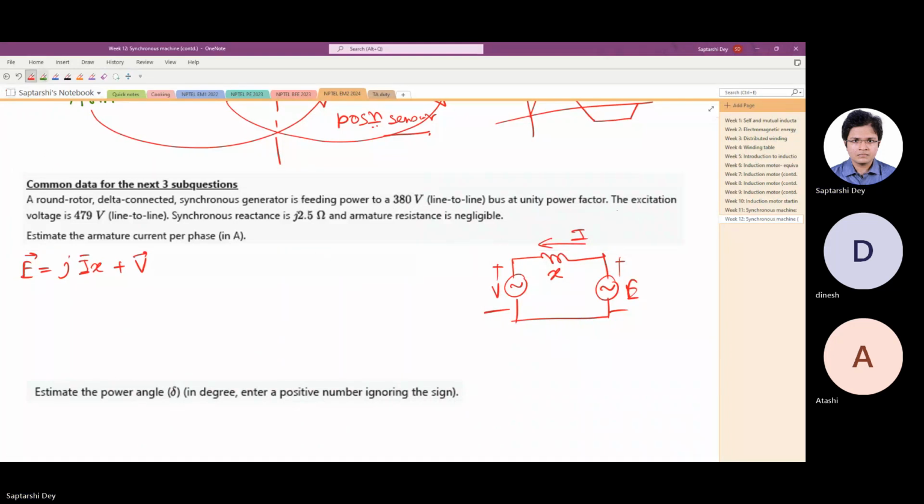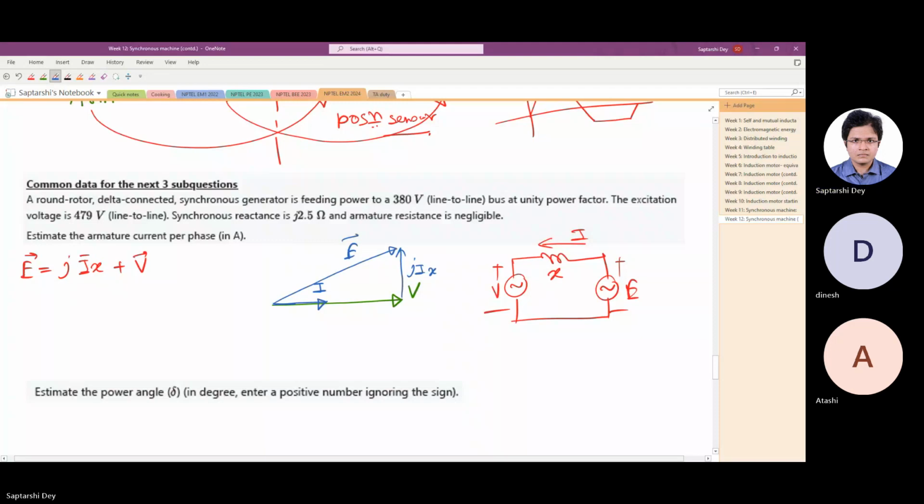So feeding power, so this is V. Now see, current I is entering the positive end of V, so this should be like this, V, and with V we add jIx, so that should be in this direction, jIx, and V plus jIx gives us E, the phasor diagram.